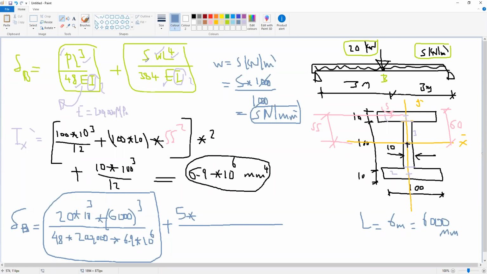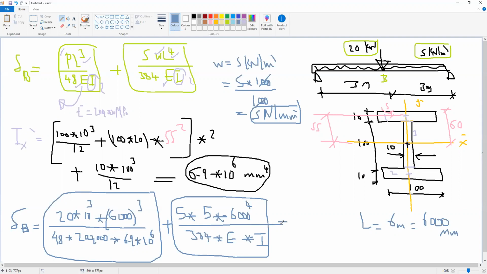So 5 is a constant multiplied by W, which is 5 as well, multiplied by the span 6,000 millimeter to the power 4 divided by 384 multiplied by E, same E and same I. This is for the uniform load.